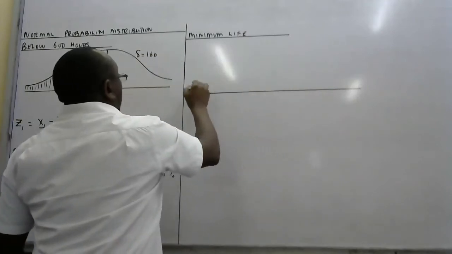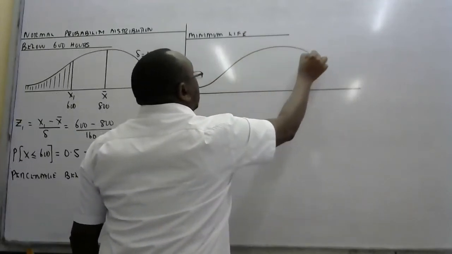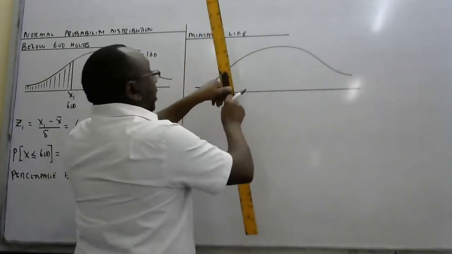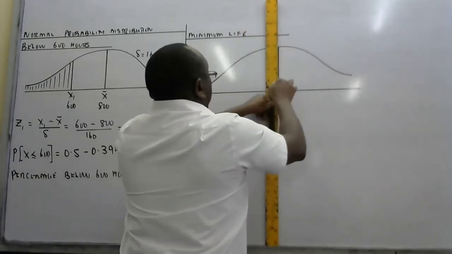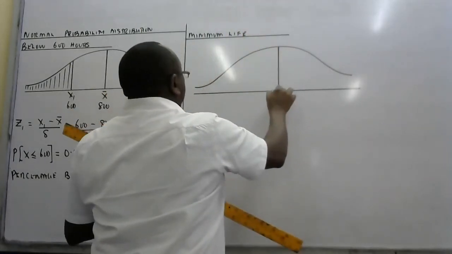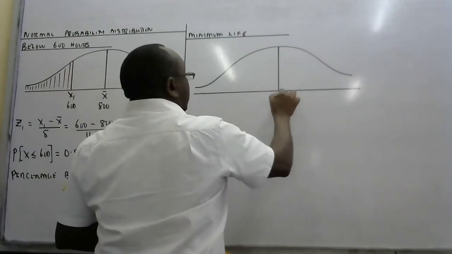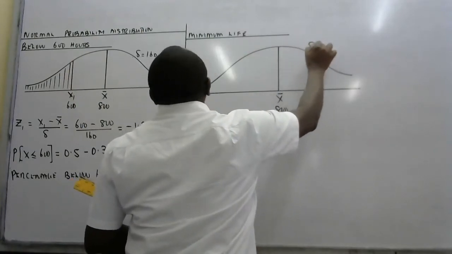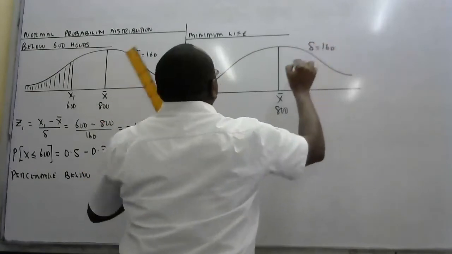So if that is what we want, this one will be the mean here, which is 800. The standard deviation here, which is 160.